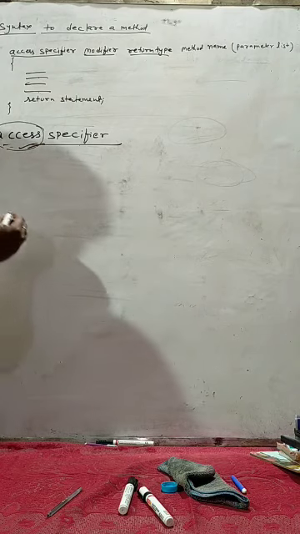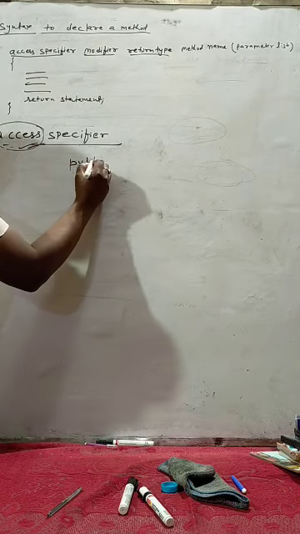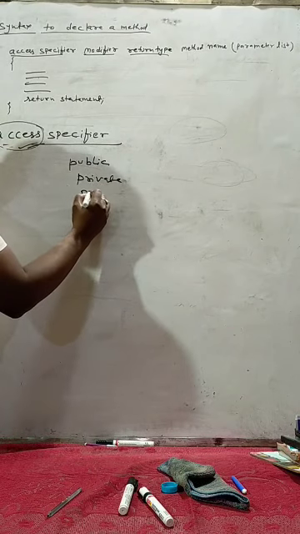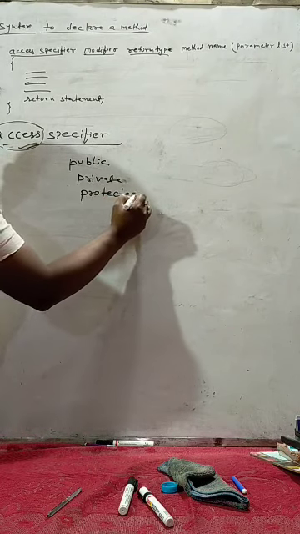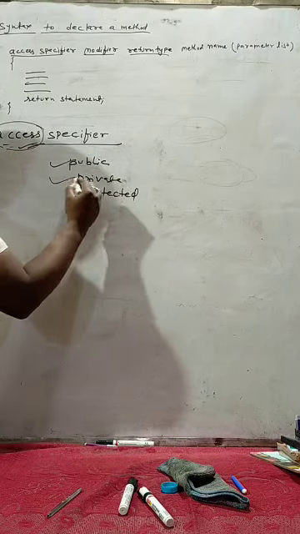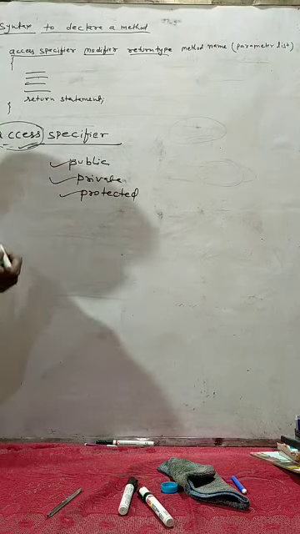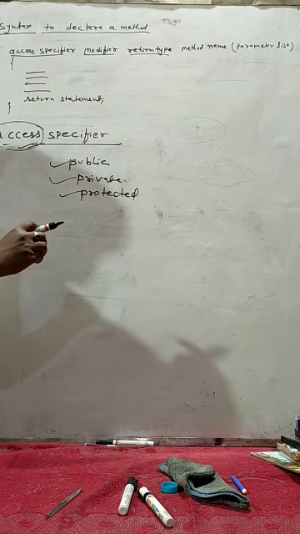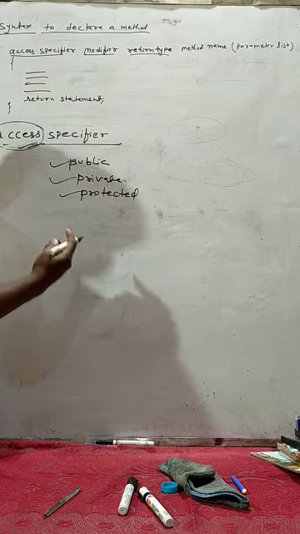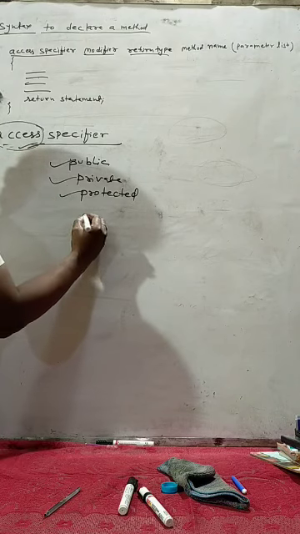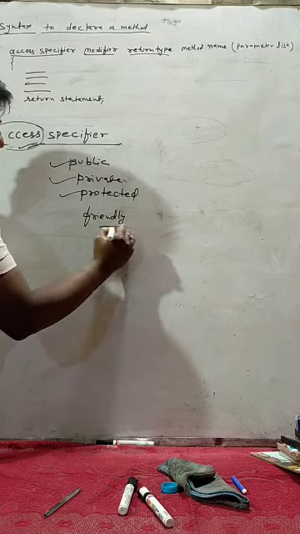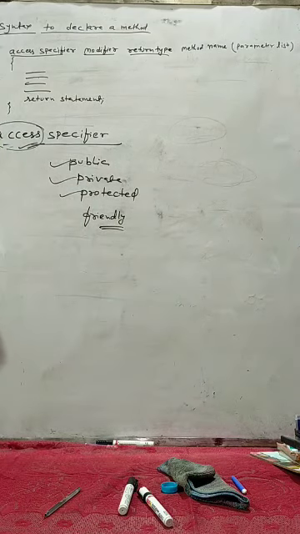There are three types of access specifier. One is public, one is private, one is protected. Public access specifier, private access specifier, protected access specifier. If a function is not defined with any access specifier, it is by default a friendly access specifier.